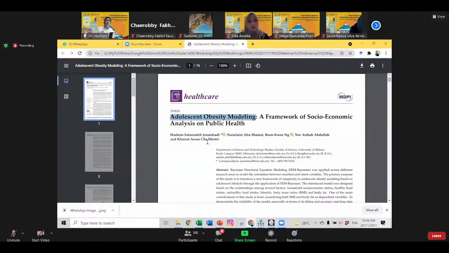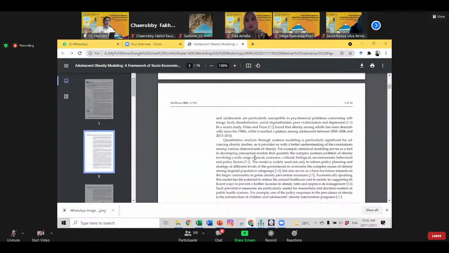Because we introduce a framework. So you can use that: adolescence obesity modeling, a framework of socioeconomic analysis on public health. This is my current paper, 2021, collaborating with my colleague, right? And as you can see here, we came up with this framework.